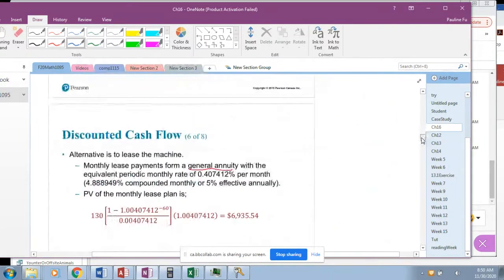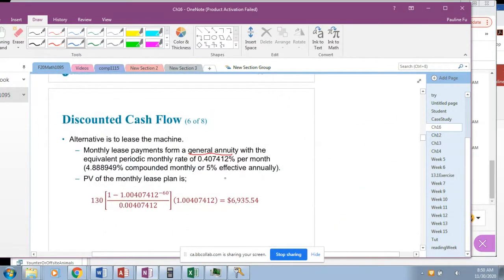And this number agrees with the number we get from the formula. And for the formula, you need to know the equivalent rate. Okay, you need to plug in this number. So you need to calculate P.